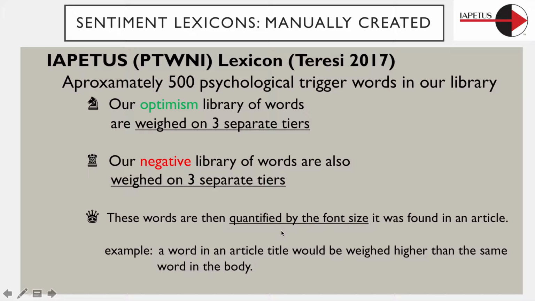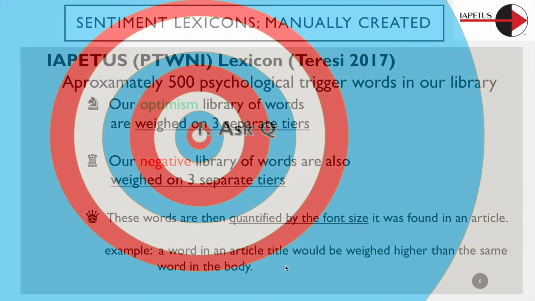So we quantify based on font size. When we go out searching articles, the title, which has a larger font, is weighed higher than that same word if it were found in the body, for example.